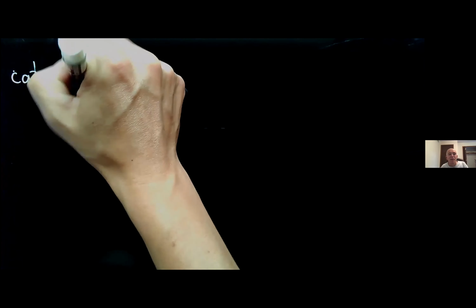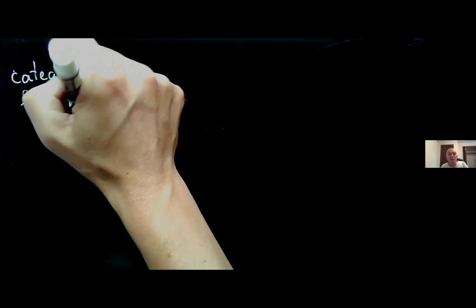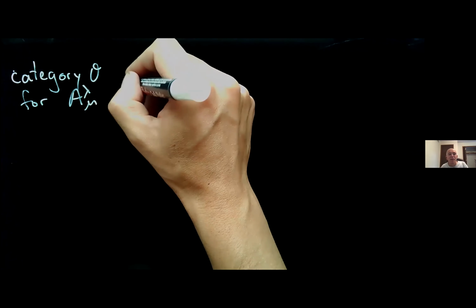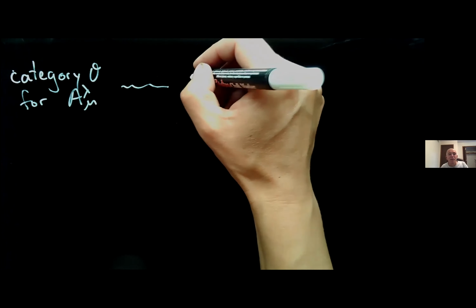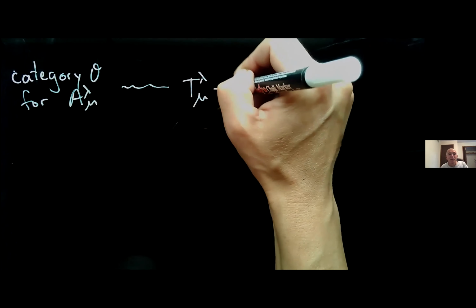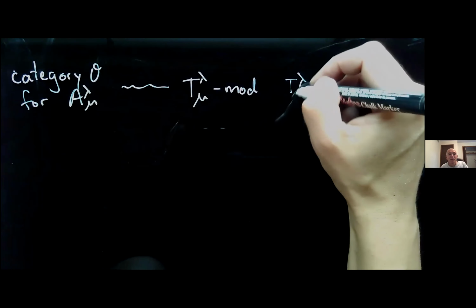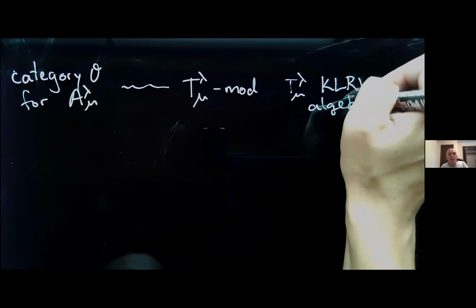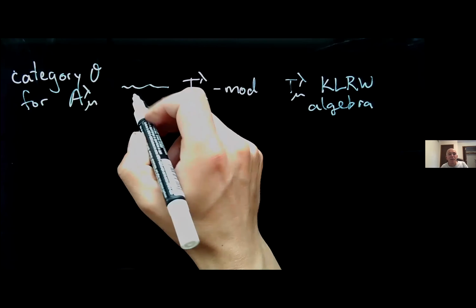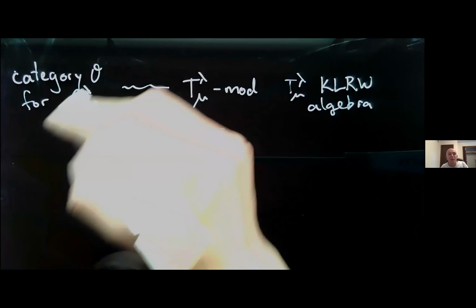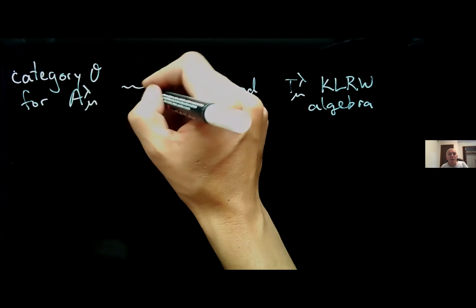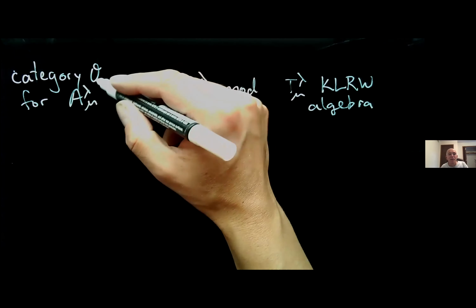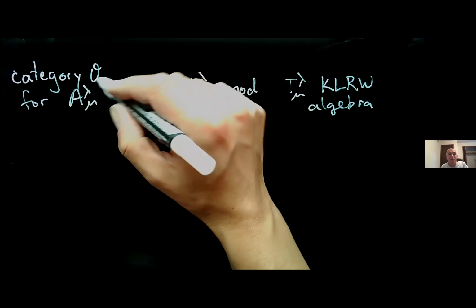And there's a close relation between this category O for A lambda mu that we were just talking about and modules for one of these algebras. Here this T lambda mu is a KLRW algebra. This relation of the dotted line is not actually an equivalence of categories. It's a kind of Koszul duality between this category and this category. So there are graded versions of these, and then their derived categories are equivalent.